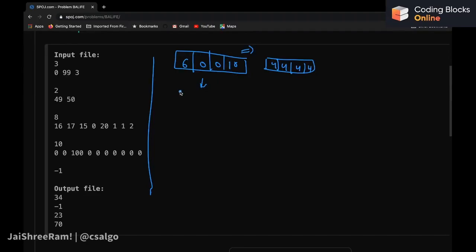Okay, so let's say after the first round this gives a job here, this gives a job here, so it becomes 5 1 1 9. Let's talk about the second round. Okay, so it will become 4 2 2 8. Let's talk about the next round.